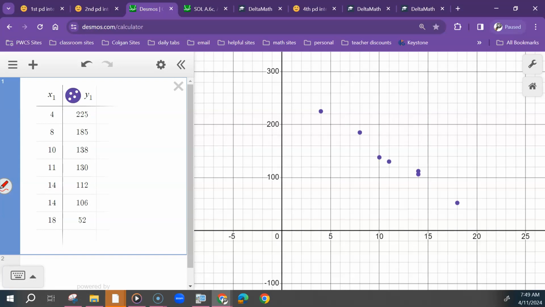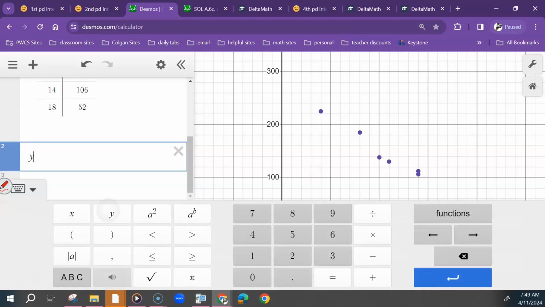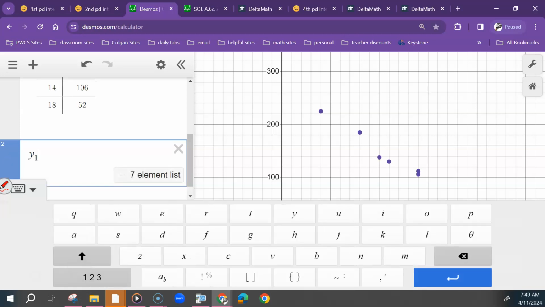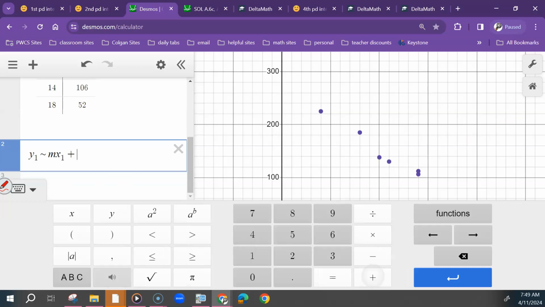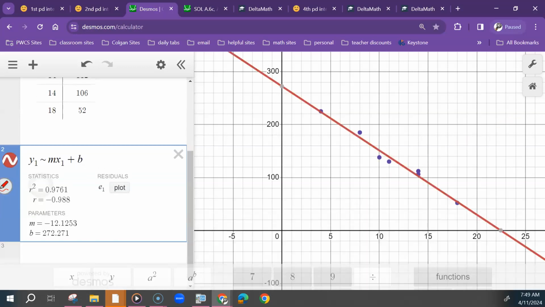So then I can see my points to make my line of best fit. Type in y1, the squiggly line, the tilde, mx1 plus b. And this would be my equation. If you're writing that you did this in Desmos, you don't have to write this. But if you don't write that, you would need to write your equation.